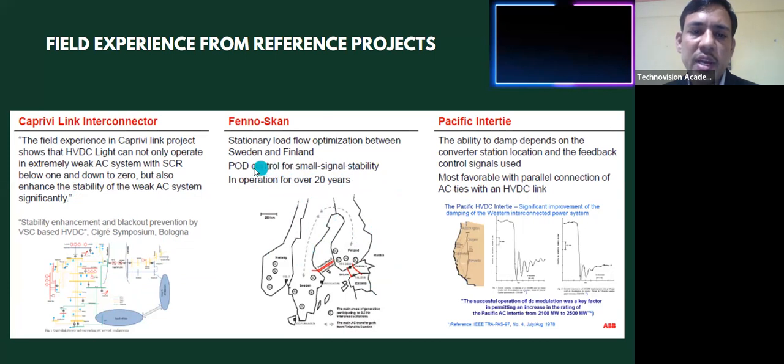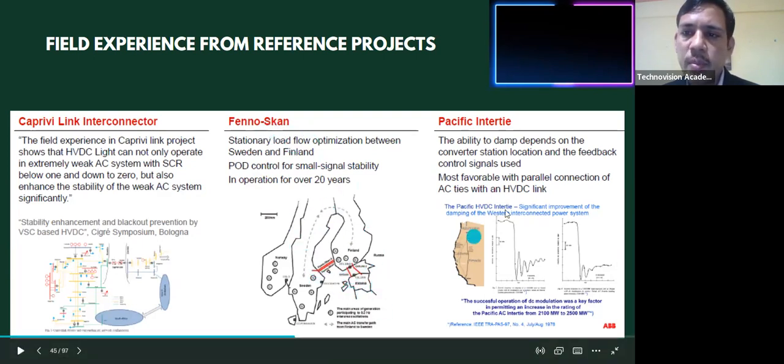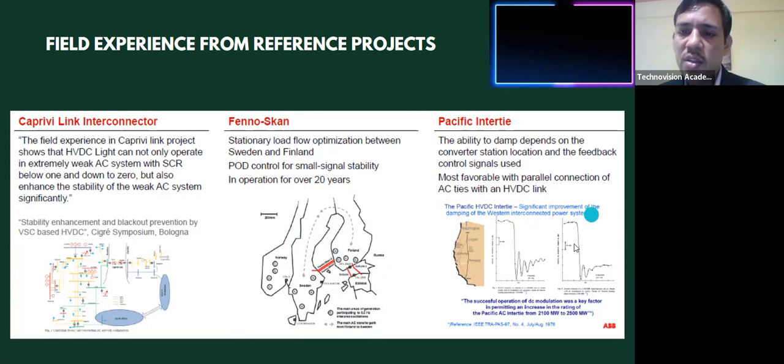So again, we will get the damping, this stability against the oscillations. That is also in this Fenno-Skan project. And again, in the Pacific Intertie, they have used HVDC for oscillation damping.